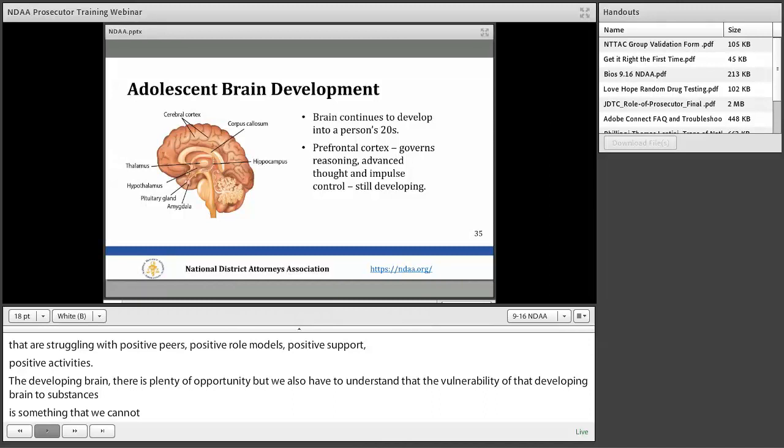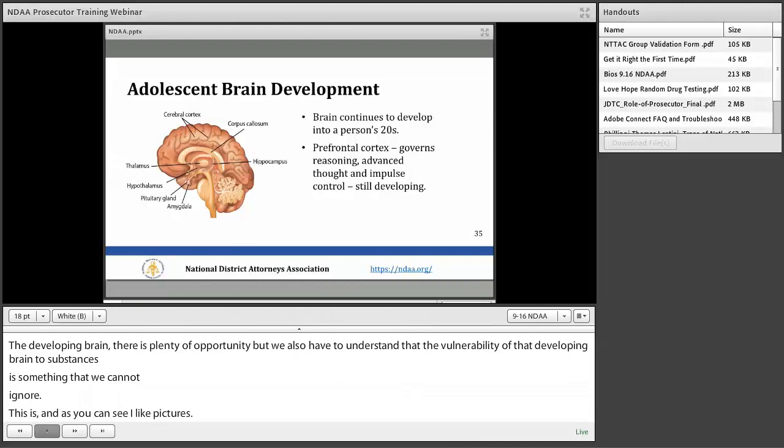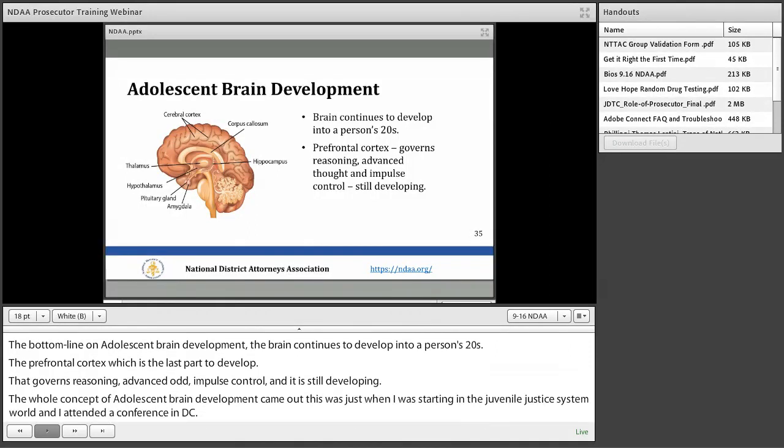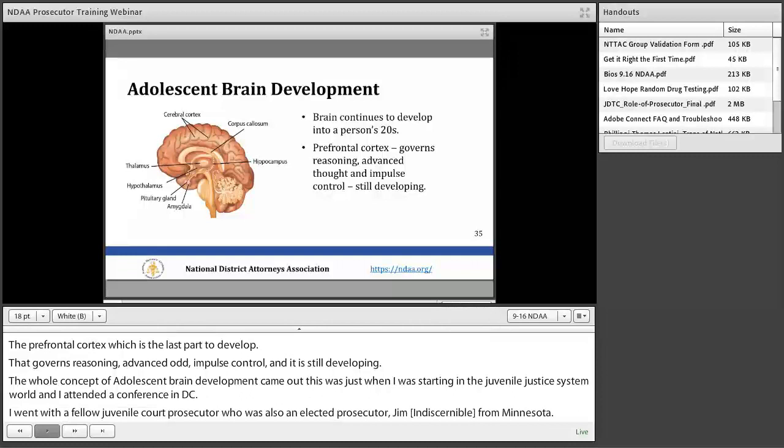Now, when the whole concept of adolescent brain development came out, this was just when I was starting in the juvenile justice world, and I attended a conference in D.C. with a fellow juvenile court prosecutor who was also an elected prosecutor, Jim Backstrom from Minnesota. We went to this meeting where they were unveiling new research about the brain and immaturity, and that because of immaturity, adolescents shouldn't be going to adult court, shouldn't often be held responsible for consequences.